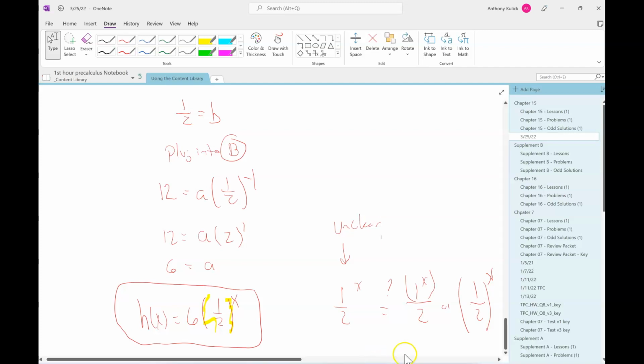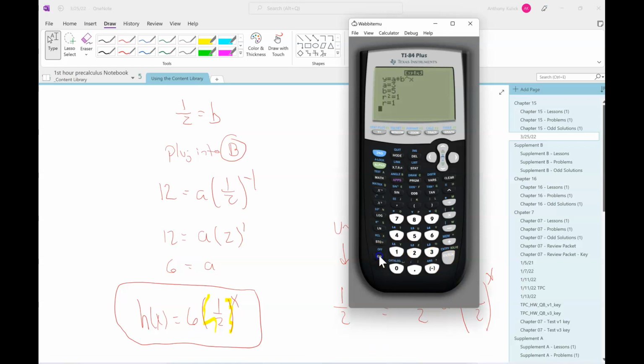I want to point out too that this problem you could do just on your calculator, doing the same thing that we did for the previous one, just making a regression equation. So I'll take my x's, -3 and -1, and put them into L1. And I'll put the y's into L2.